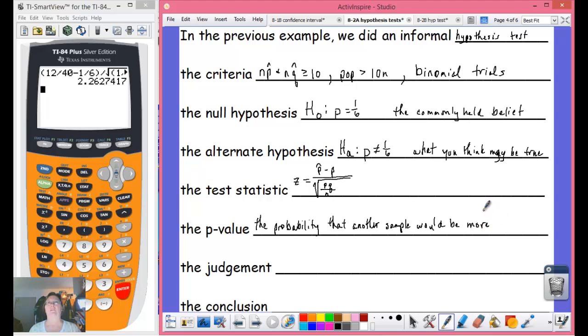You know, when you're talking about z-charts, the equals-to thing is really not possible. So that another sample would be more extreme than yours. Okay, and we'll show how to find that p-value in just a moment. The judgment that you make is based on, did your z fall in the critical region, or beyond the critical value, if you want to think about it that way.